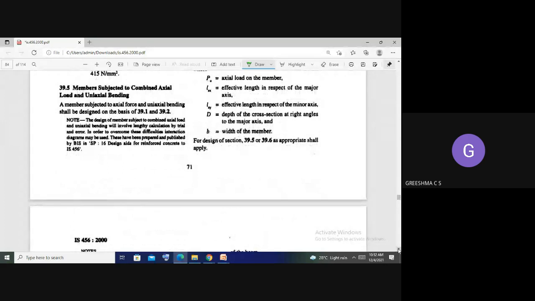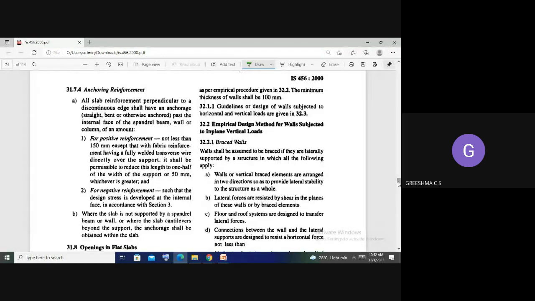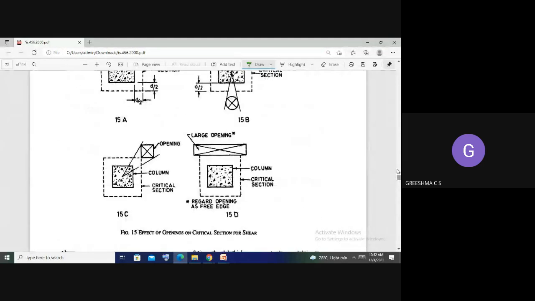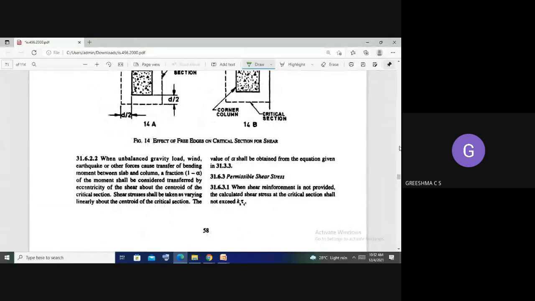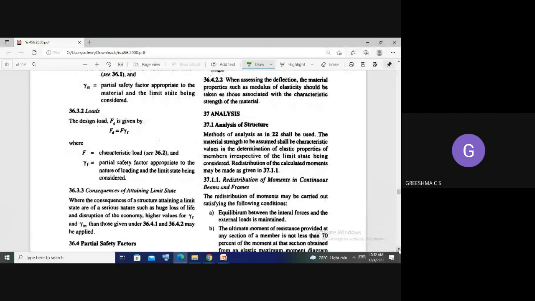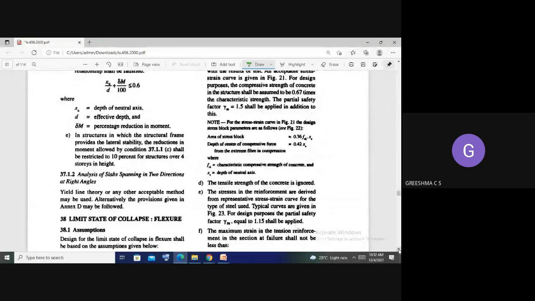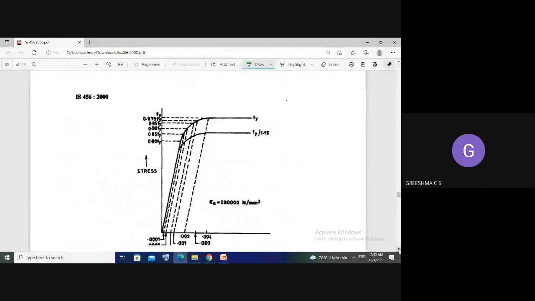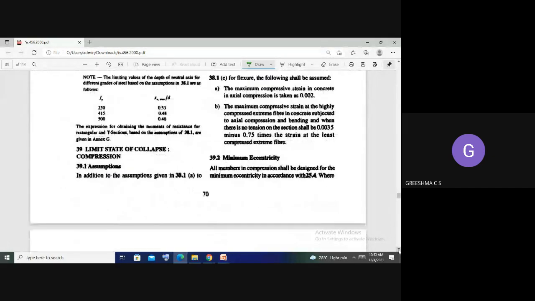This is IS code page number 70. Here you can see the xu max value is there.